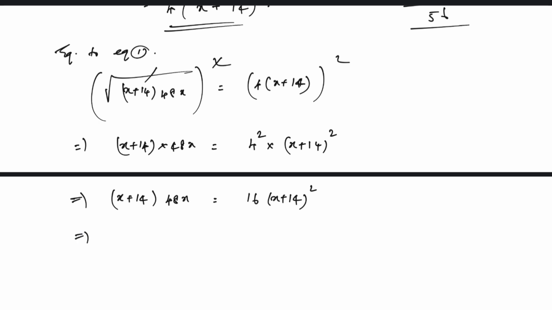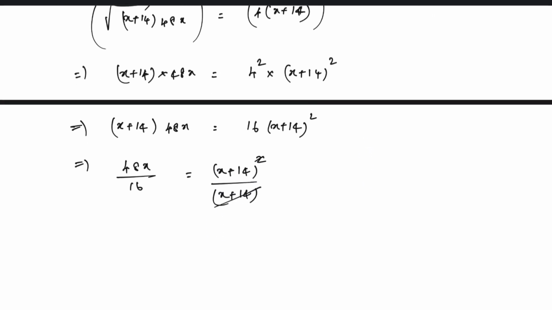Rearranging the terms, we get 48x divided by 16 is equal to x plus 14 the whole square divided by x plus 14. You can cancel out one term, such that we get 48x by 16 is 3, so 3x is equal to x plus 14.